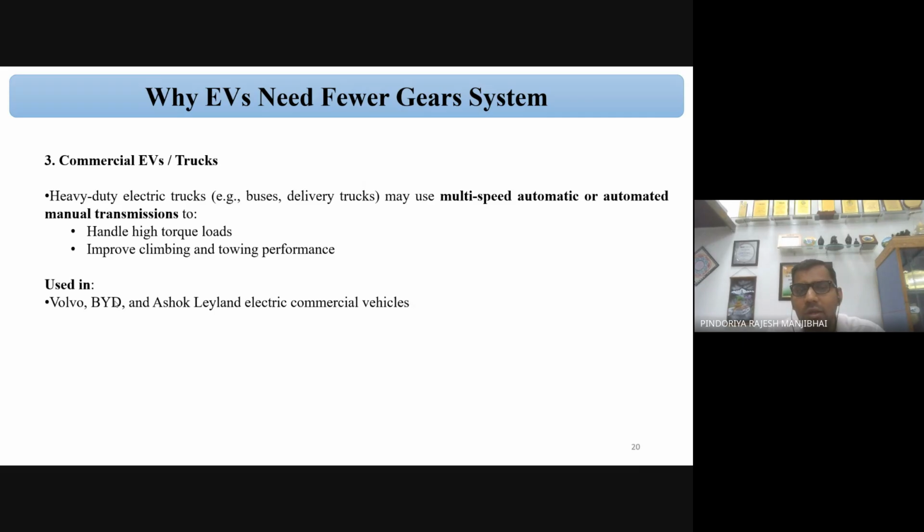Commercial and EV trucks are heavy duty. Buses and delivery trucks may use a multi-speed automatic or automated manual transmission system, used in Volvo, BYD, and Ashok Leyland electric commercial vehicles. So in these vehicles it is a multi-speed automatic or automated manual transmission system.